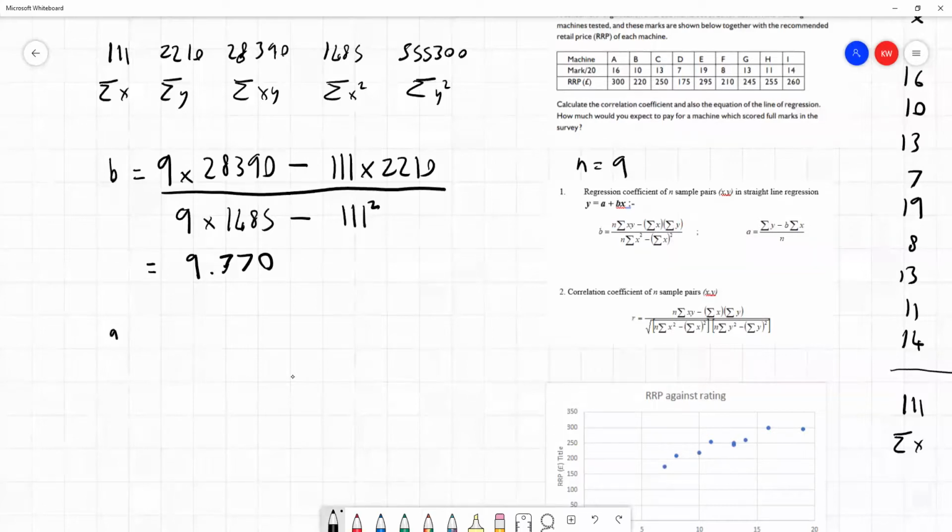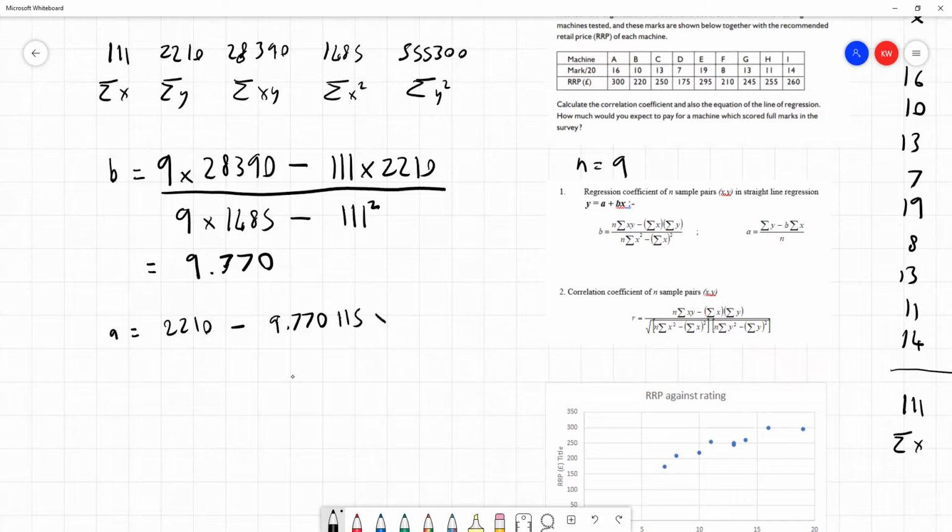To find out A, we do our calculation here, and A is thankfully a bit simpler. The sum of all of our y's, which in this case is 2210, minus B, which is 9.770. Now, in my answer, I'm actually going to use the stored value in my calculator for B, so it's something closer to 9.70115, and then it goes on from there.